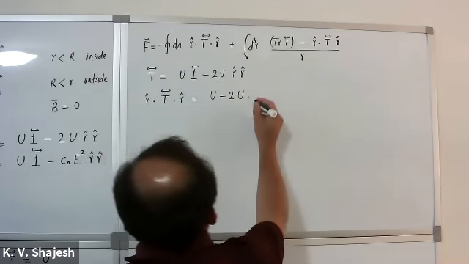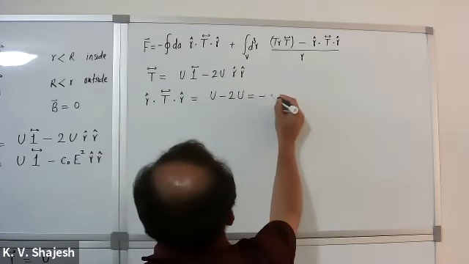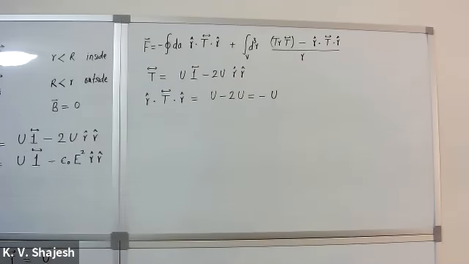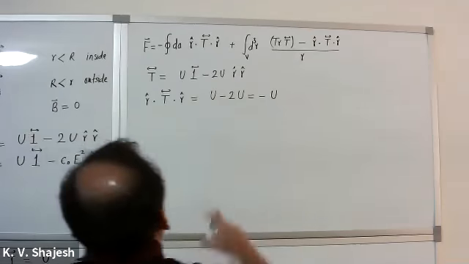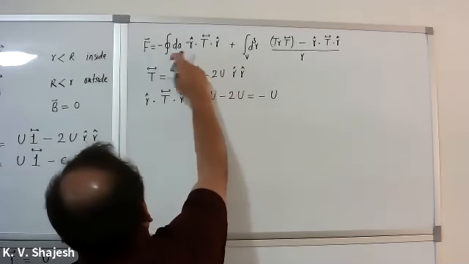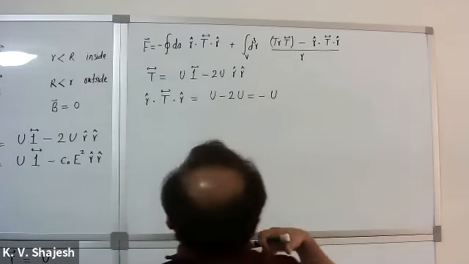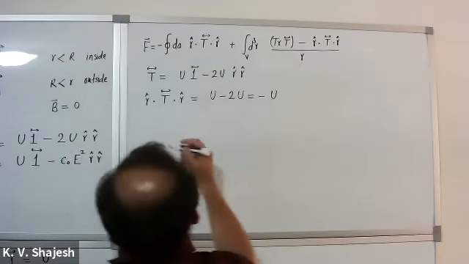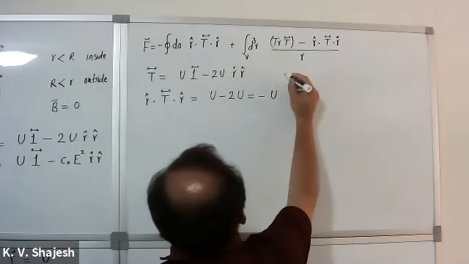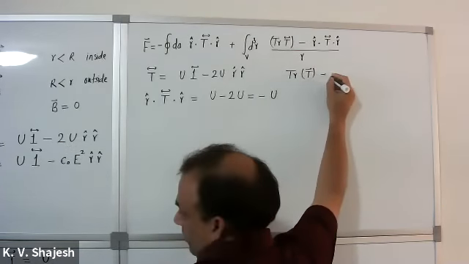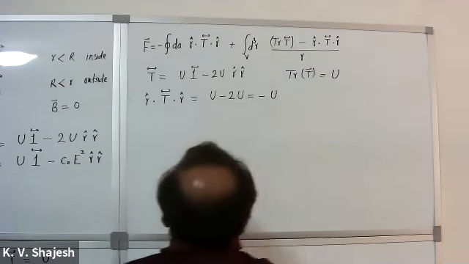So that's equal to minus u, where u itself we will write in a minute what that is equal to. So that's the surface integral of u. And here there is a trace of t, and the trace of t, remember, we showed was equal to u.